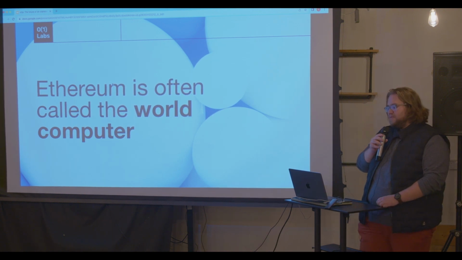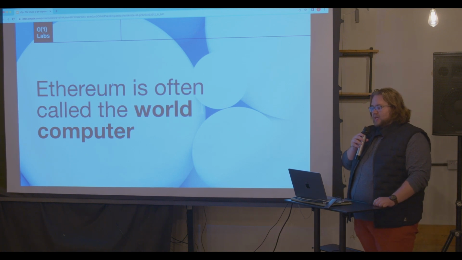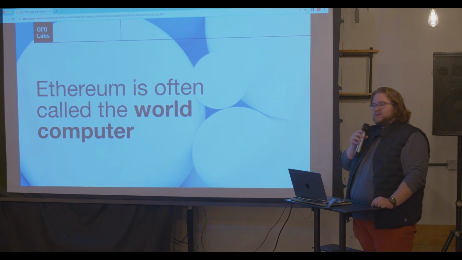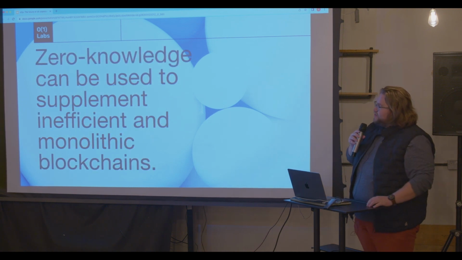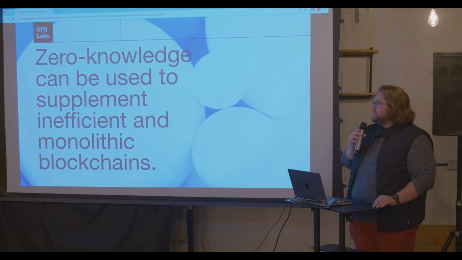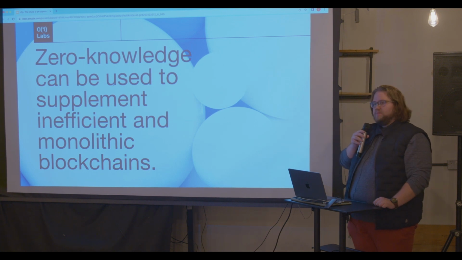And interestingly, with the EVM, the ZK EVM, and everything people are building, it could be considered like a processor. However, this big processor is relatively inefficient. It's very big, monolithic. If you want to do a very basic transaction on it, like swap some tokens on the DEX, it will be insanely expensive just because it's a big, inefficient system.